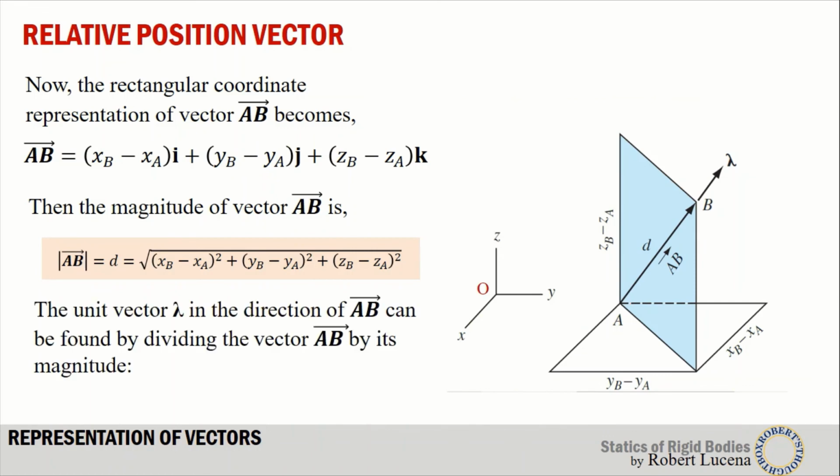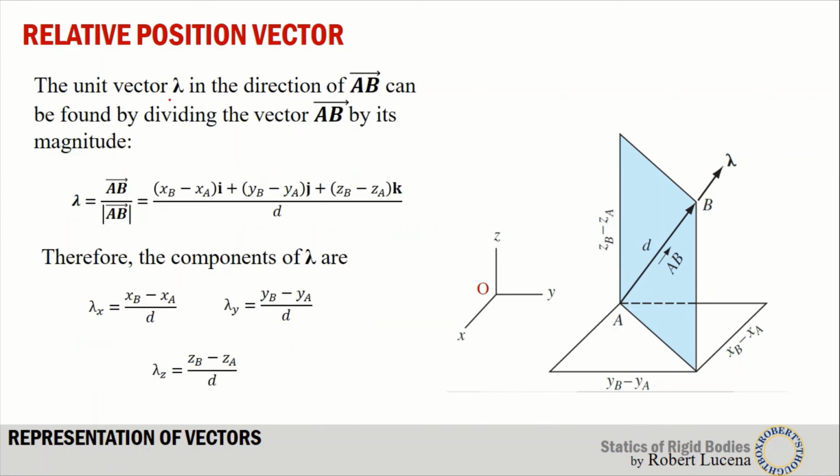We will apply that the unit vector in the direction of AB can be found by dividing vector AB by its magnitude. So the unit vector in the direction AB is this one. The purpose of a unit vector is simply to give direction. So this is vector AB divided by the magnitude of AB, represented by d in this figure. We can now have the direction cosine equal to the change in x component over d.